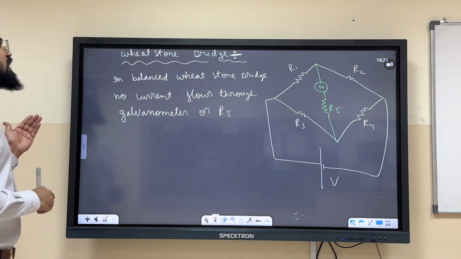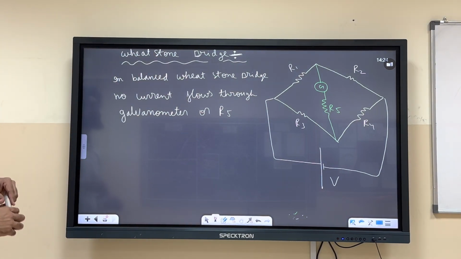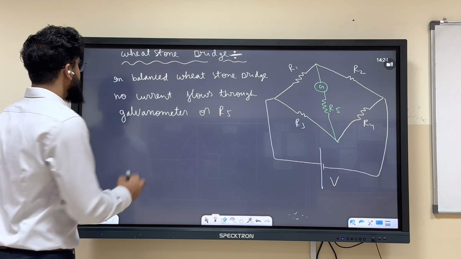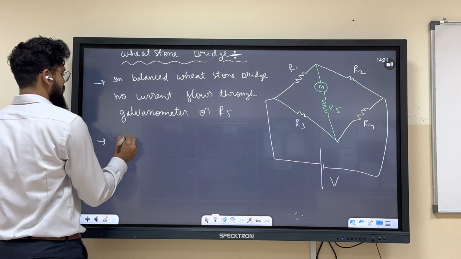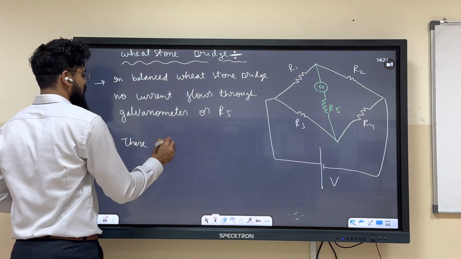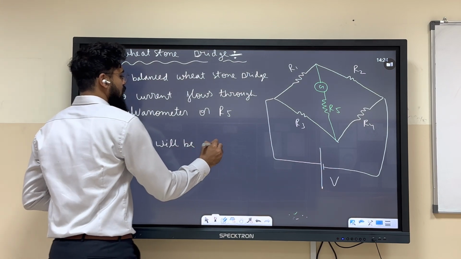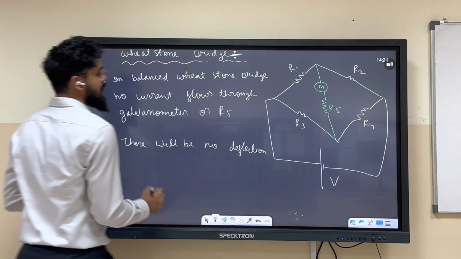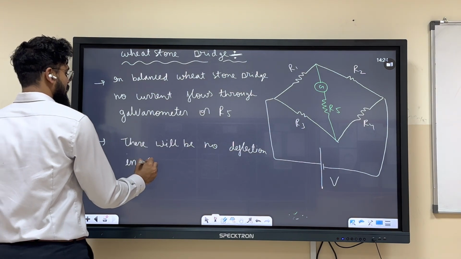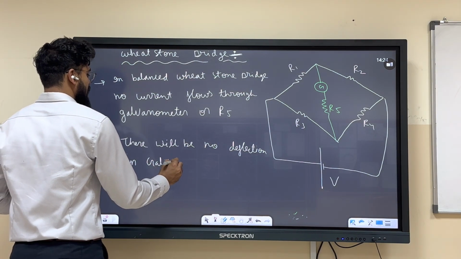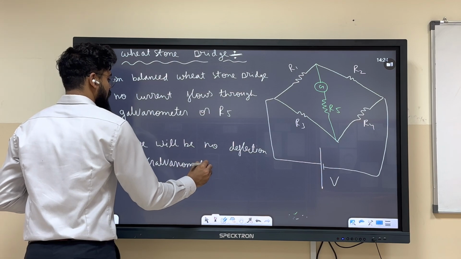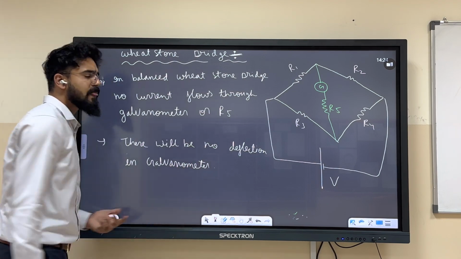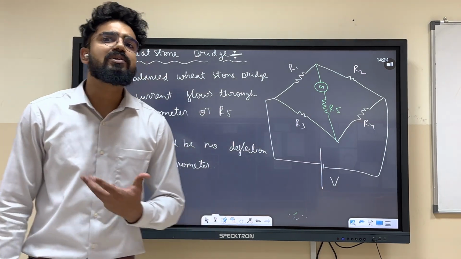So in a balanced Wheatstone bridge, no current flows through the galvanometer, which means there will be no deflection in the galvanometer.